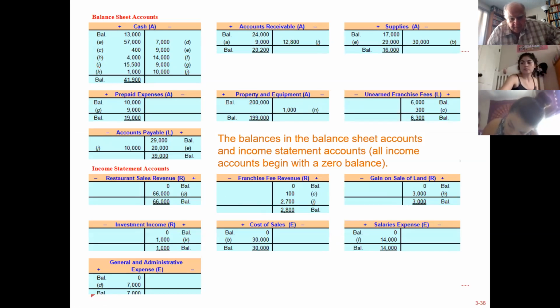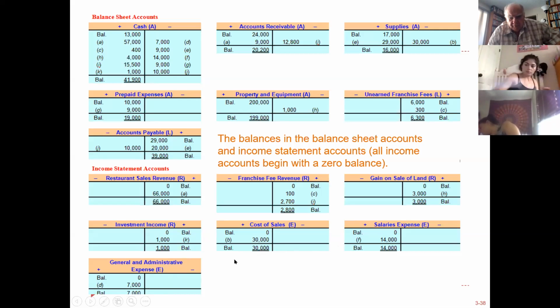They didn't go over it. And they had some investment income. They loaned somebody X amount of dollars, and it came out to $1,000 interest. Cost of goods sold, say hello to your sauces and stuff. They had to pay salaries, and they had to pay a whole ton of other expenses.